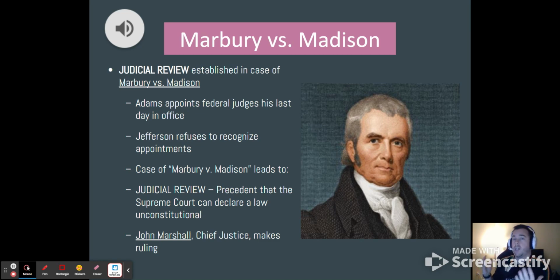You basically just get that job for life, which is awesome. But Adams is going to appoint a bunch of federal judges right at the last minute. James Madison is supposed to authorize this paperwork, and James Madison, who's a Democratic Republican, basically just lets the due date come and go and says, oopsie, this didn't get a signature, so these people don't have federal jobs.